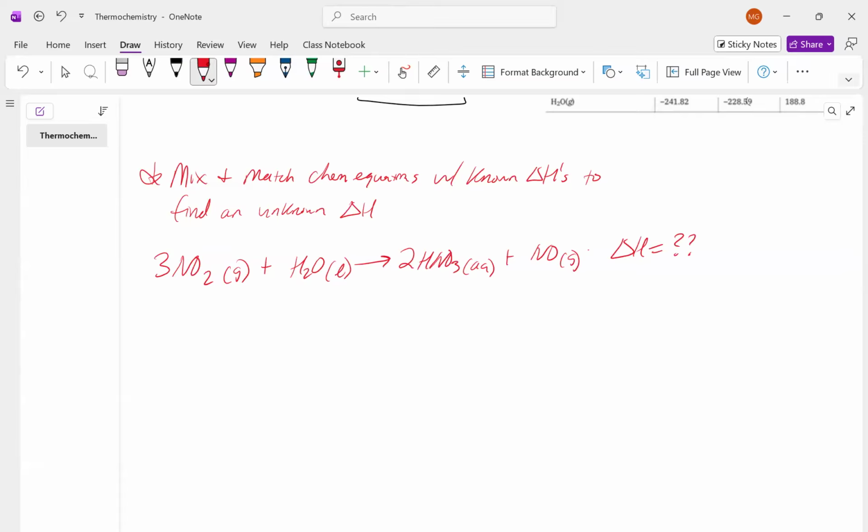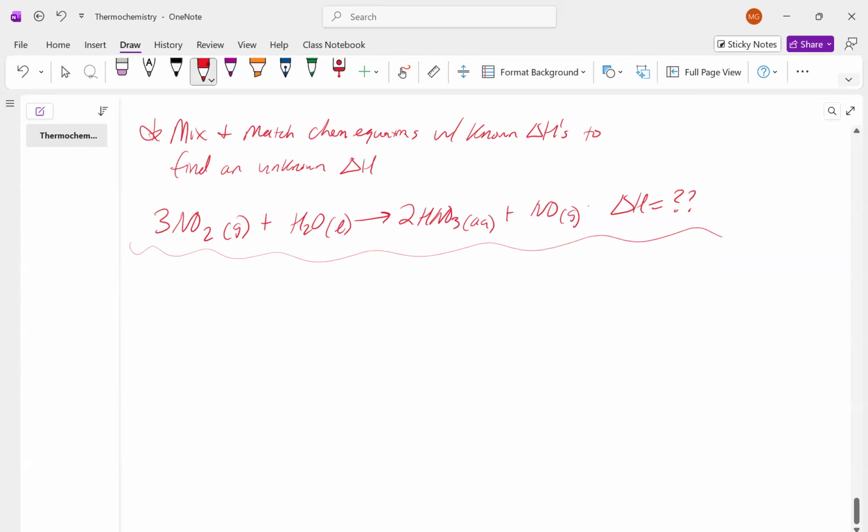Now, let's say I didn't have a nice convenient table to give me the delta H's of formation. But let's say I have a series of reactions that contain all of the components of my original reaction. So I know the enthalpy for this reaction.